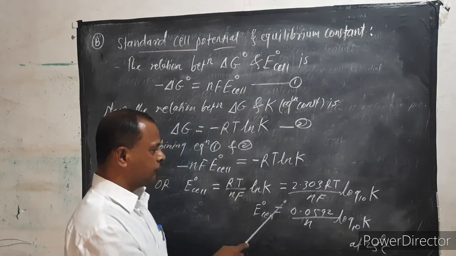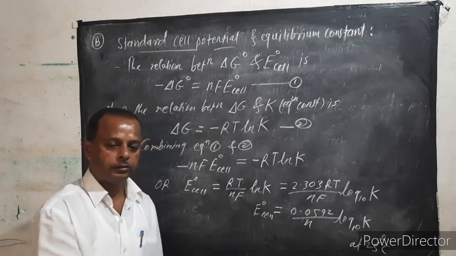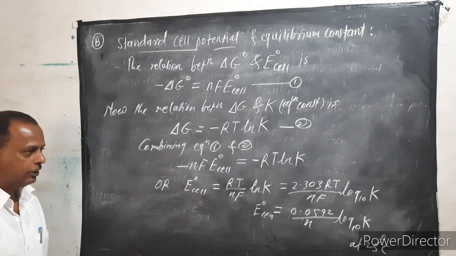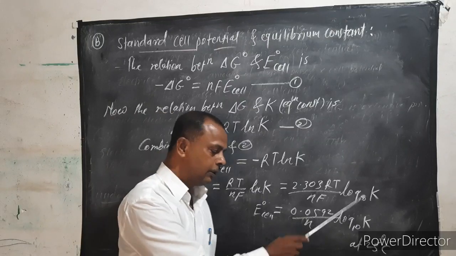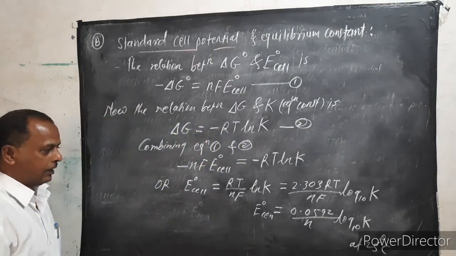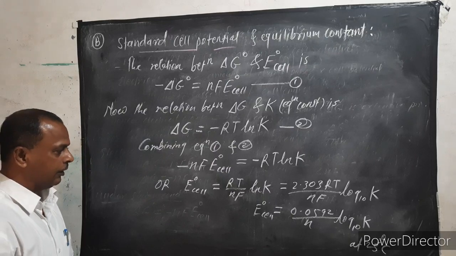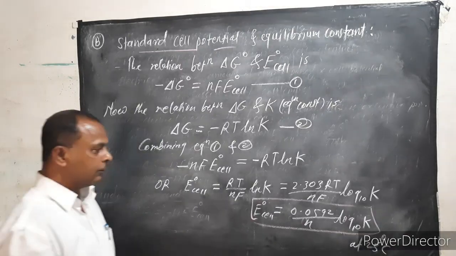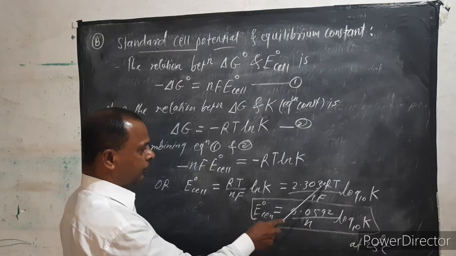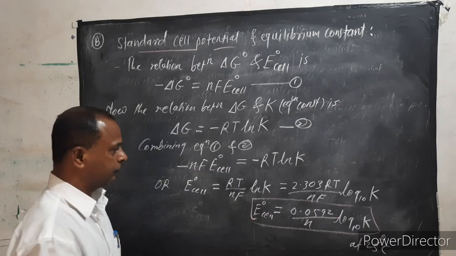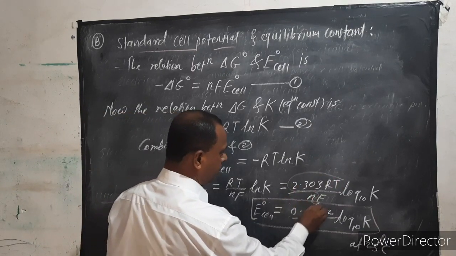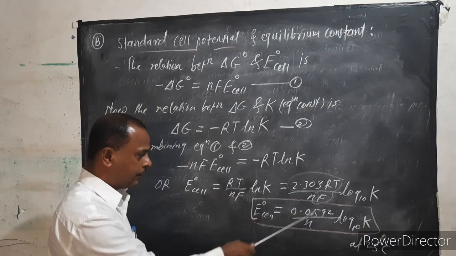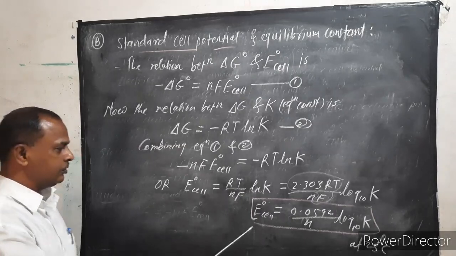Converting natural log to log to the base 10, we get 2.303 RT divided by n F into log K. Again, putting down the value of 2.303 RT upon F, which is 0.0592, we get this equation.